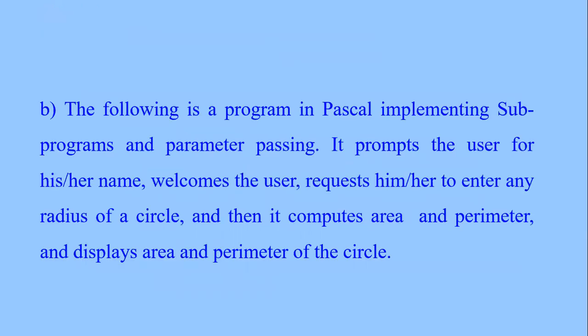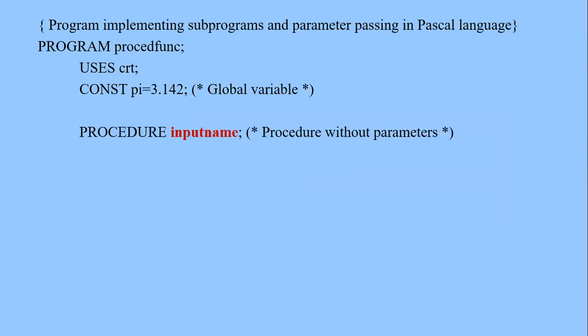The same program can be implemented in Pascal as follows. So we have the program, procedure, function. Then we are declaring uses because we are going to use some functions to deal with the screen. And then we are declaring pi as a global variable, just as we have seen in the other program.